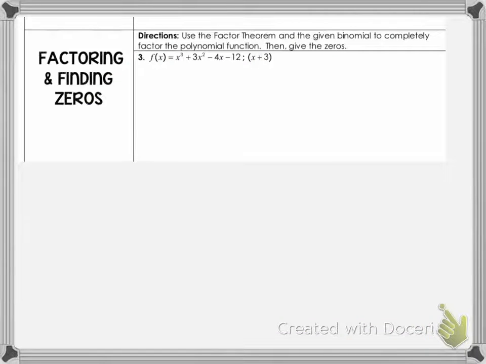Okay, so now the directions say, hey, use the factor theorem and the given binomial, so we're assuming that this binomial is going to go in evenly, to completely factor the polynomial and give the zeros. So sort of like giving you a head start on what to use to divide. So we're going to start with -3 and 1, 3, -4, -12.